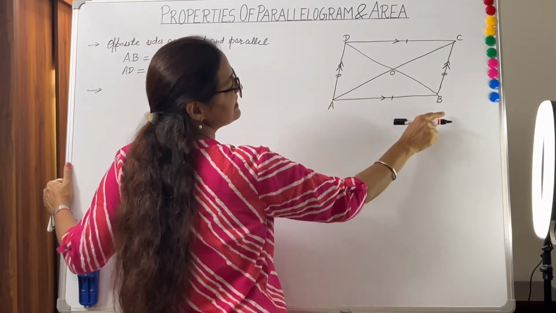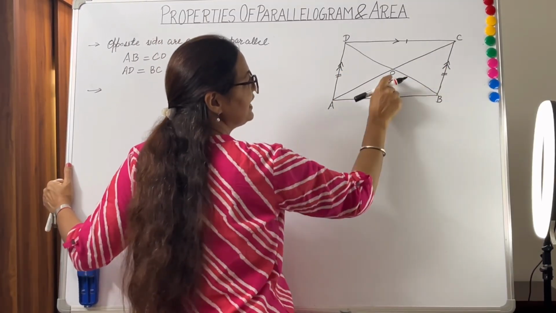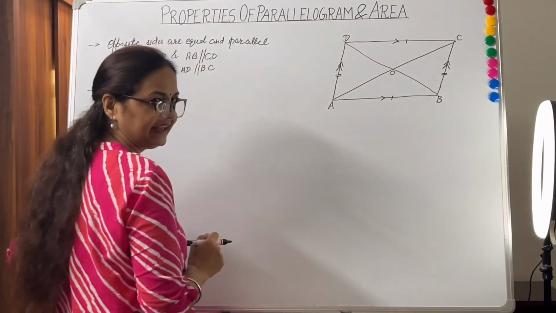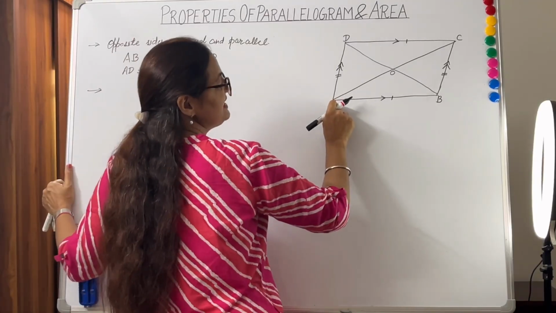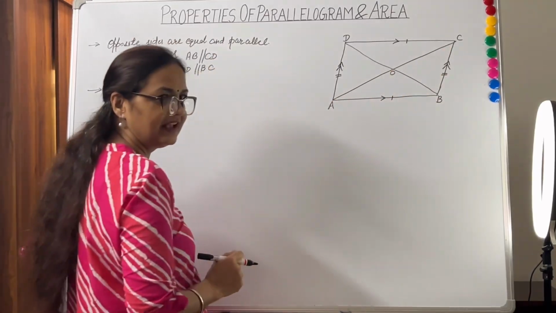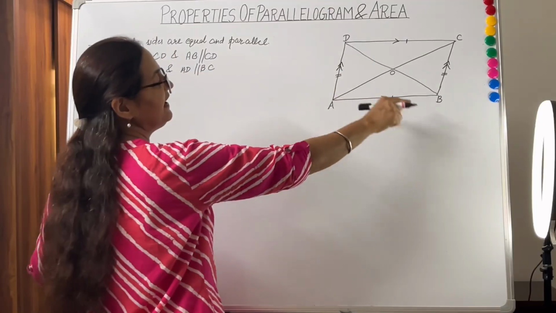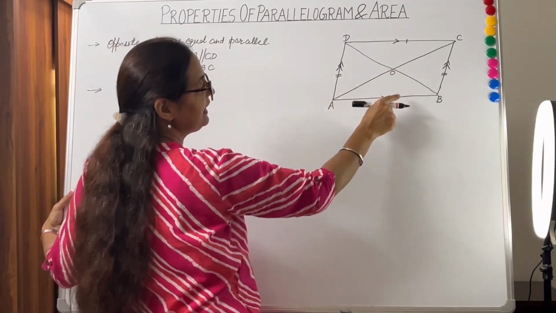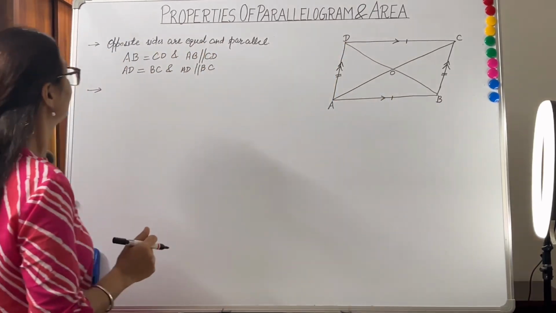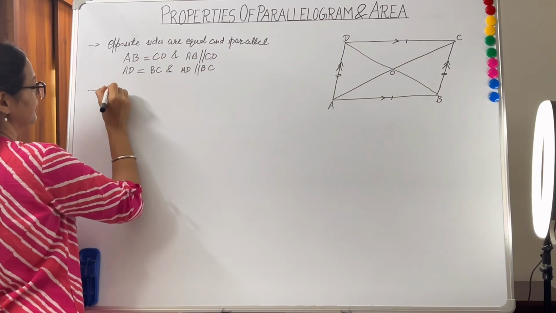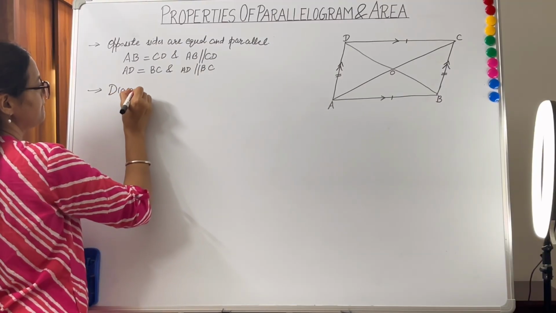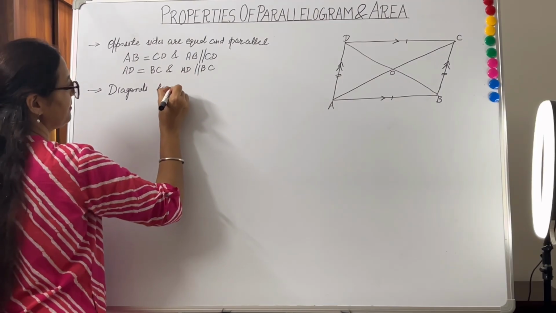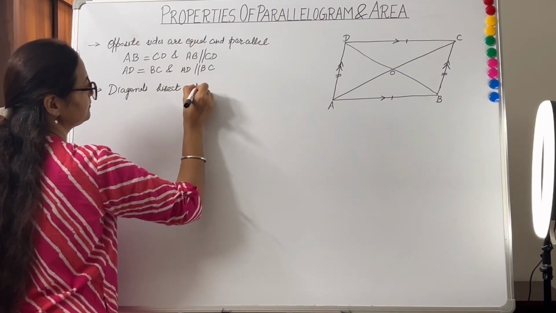That BD is dividing AC into half at O. That is O, AC का midpoint है. Okay? That means AO is equal to OC. Similarly, AC is dividing BD into half at O. That is O is midpoint of BD. So OB is equal to OD. So what is this property? Diagonals in a parallelogram bisect each other.